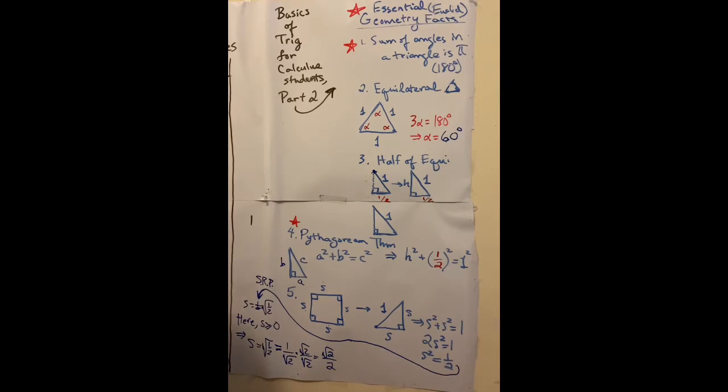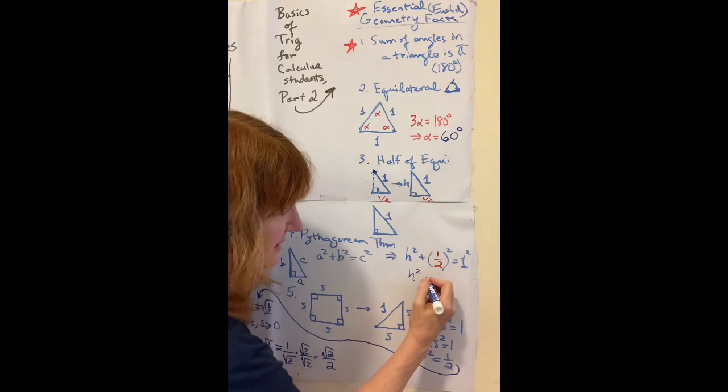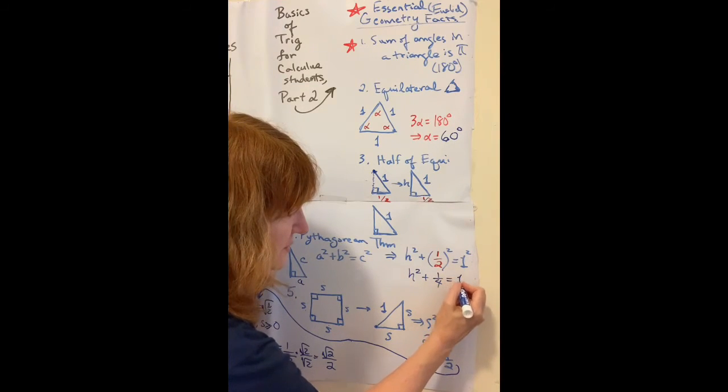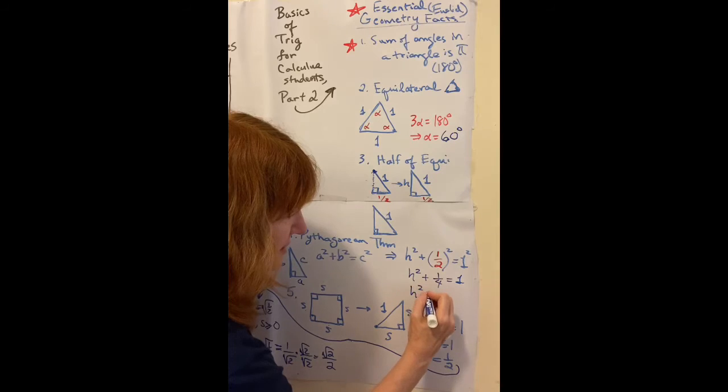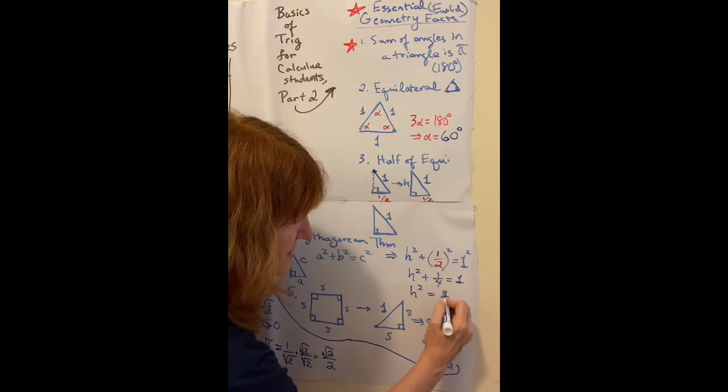So you should stop the video and solve for h and come back. When you come back, you should see something like this on your paper. h squared plus 1/4 is equal to 1, so h squared, if you subtract 1/4 from both sides, is equal to 3/4.